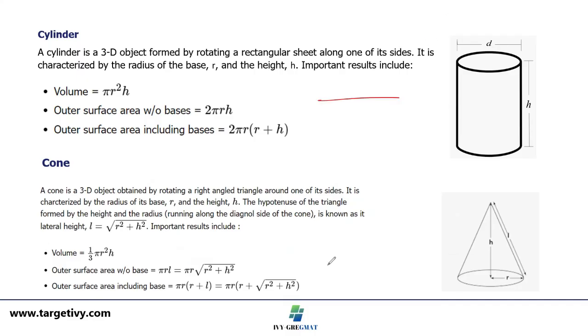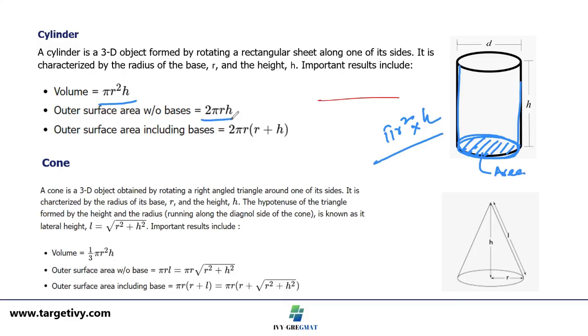If I get something like this, then the volume is this circle which is formed into the height. So pi r square multiplied by h, because this is the area of the circle that is formed and the height. So pi r square into h.